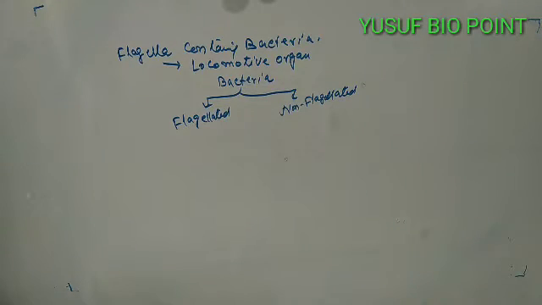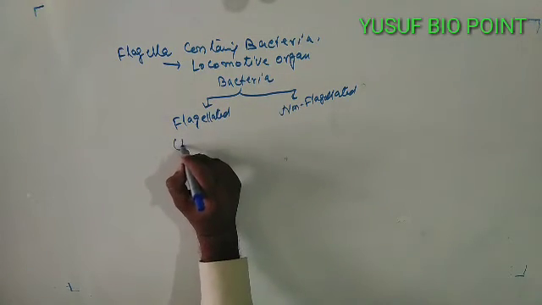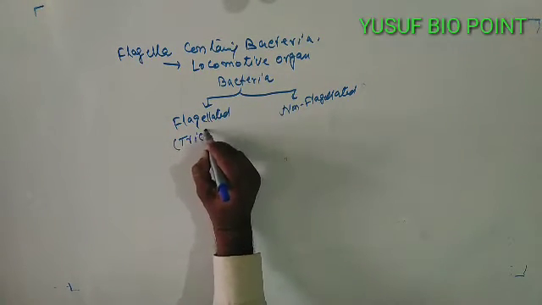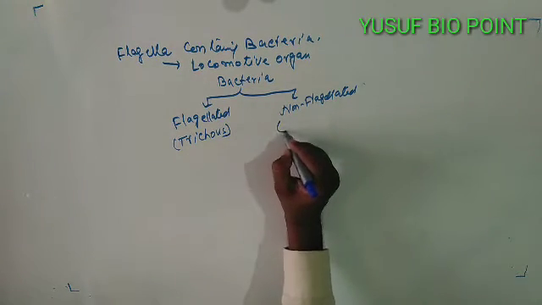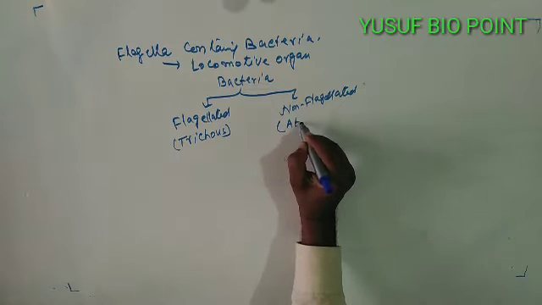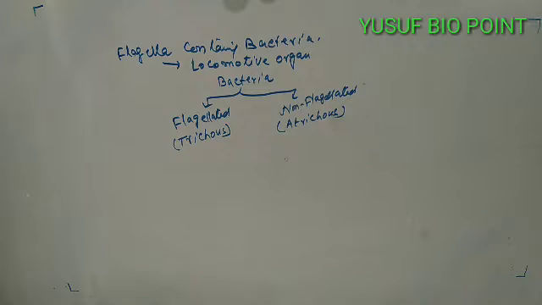The flagellated are also called trichous, and the non-flagellated are called atrichous.